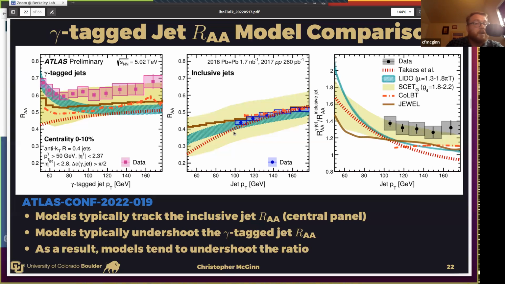This plot is the RAA of the inclusive jets that's been out much longer. And then the rightmost plot, this is the ratio of the two with the gamma jet RAA in the numerator. So you should expect this to be above 1 when you think about the previous plot I showed. And then if you look at the models and you compare them panel by panel, what you're going to find is that the inclusive jets actually, all of the models are more or less centered on.